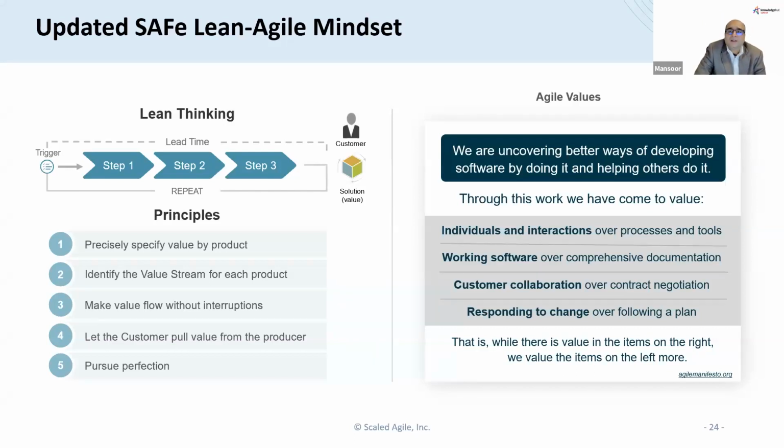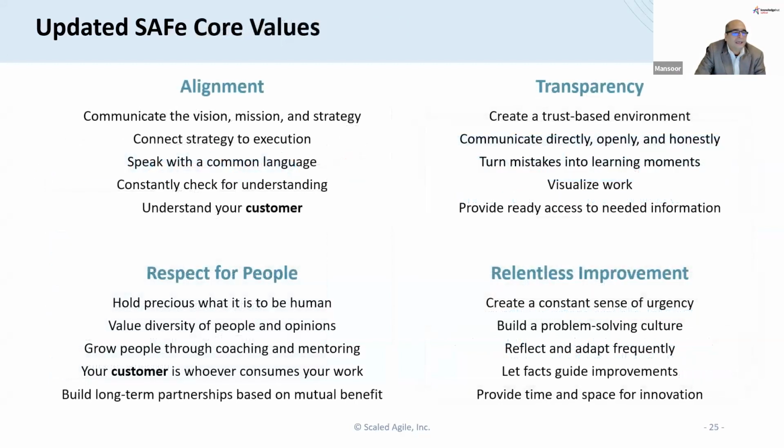All right, updating the core values plays an important role. Alignment, respect for people. Two of these, respect for people and relentless improvement, have been elevated, which is more prominent.